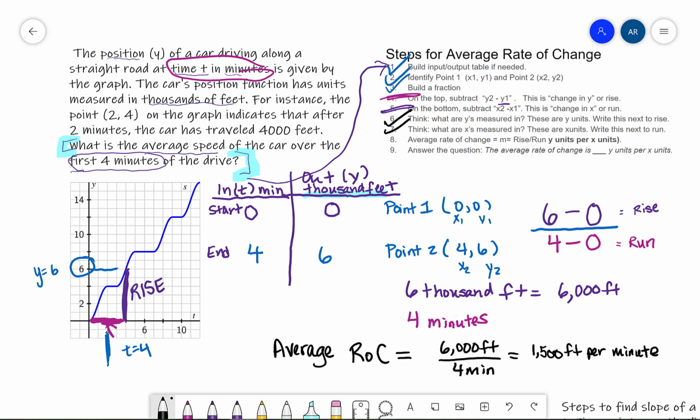I can either write the word feet or I could also write it as feet over minutes. Those are two equivalent ways of writing that.